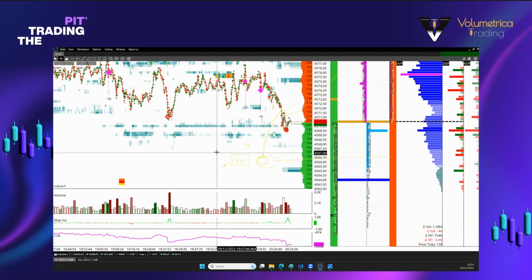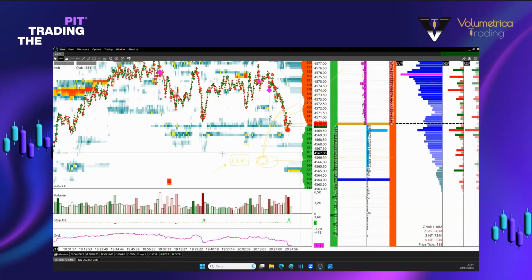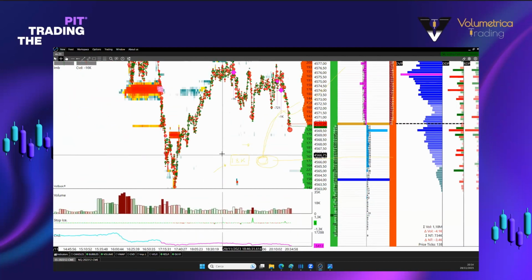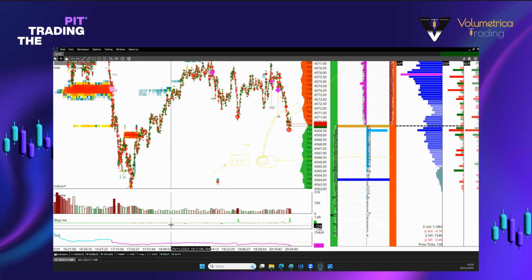In fact, if I just zoom out here, we can see that most of the time this line is flat, but we can see there are some minor peaks here. One to the downside, another one on the downside, and those two are really outstanding here compared to the past.